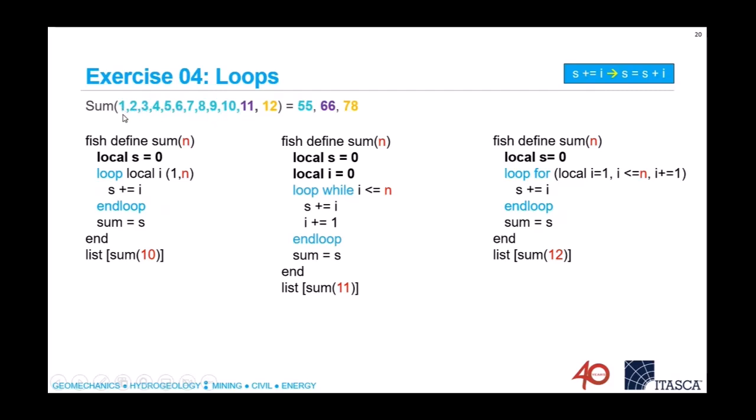It'll be 1, and then 1 plus 1 is 2, 2 plus 1 is 3, 3 plus 1 is 4, etc., until we get to 10. And if we add up all these numbers, it's going to sum up to 55. Essentially, it's just a straightforward increment of 1 value each time we loop.